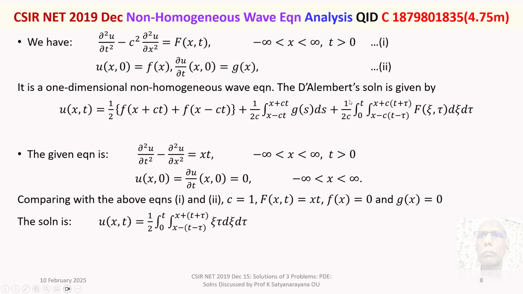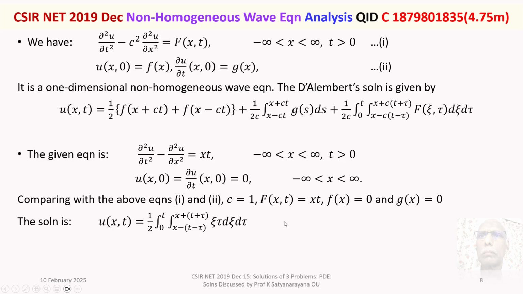So we are left with 1/(2c), c is 1, so 1/2 times the integral from 0 to t of the integral from x−(t−τ) to x+(t−τ) of, in the place of f(ξ,τ), it is xt, that is ξ into τ, the product ξτ, with respect to ξ and with respect to τ.